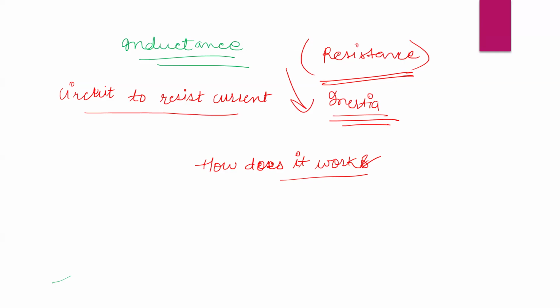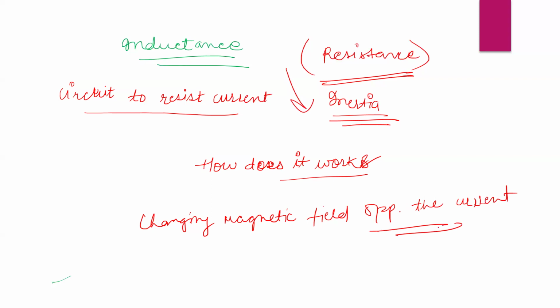This changing magnetic field induces a voltage opposing the change in current. So the changing magnetic field opposes the current. It doesn't stop the current from flowing itself, but when we stop the current flow in the circuit, the magnetic field also opposes the stoppage of the current. So what it does is provide the current from itself.